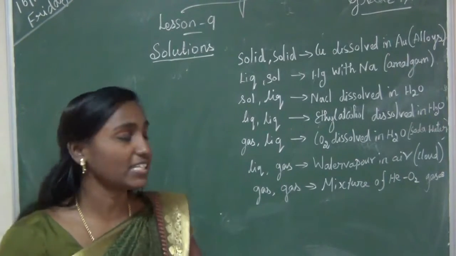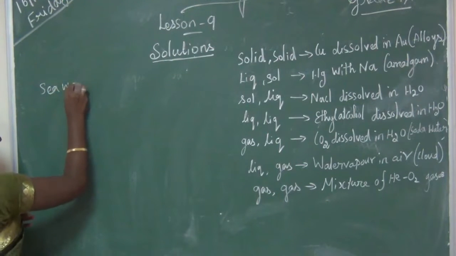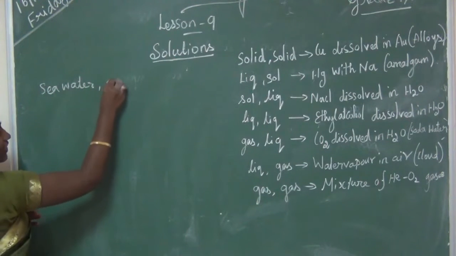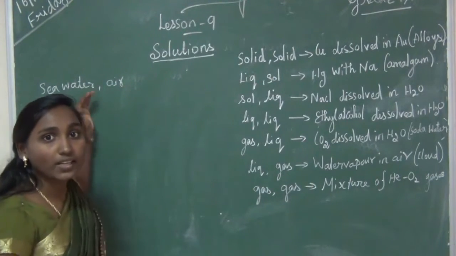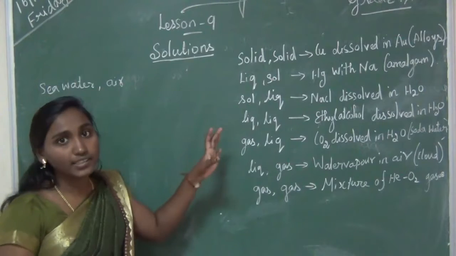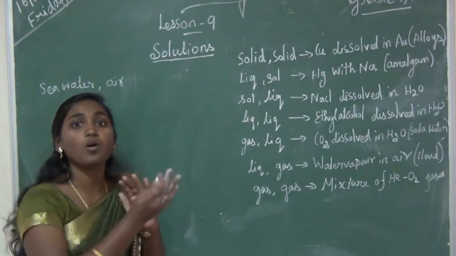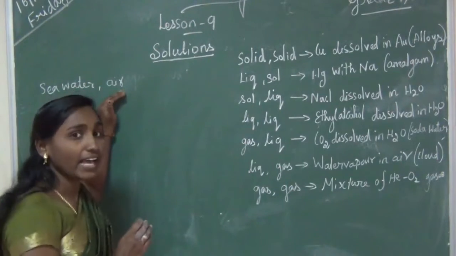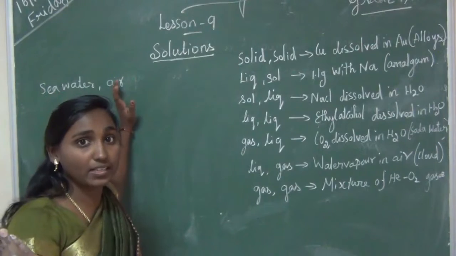Natural mixtures, for example, are sea water and air. Sea water contains salt and water, so that is a mixture. Mixture means two or more components. Air contains nitrogen, oxygen, carbon dioxide, and some other gases also.